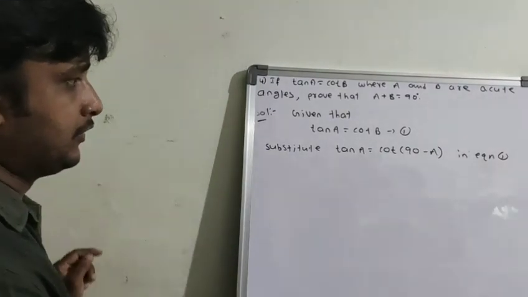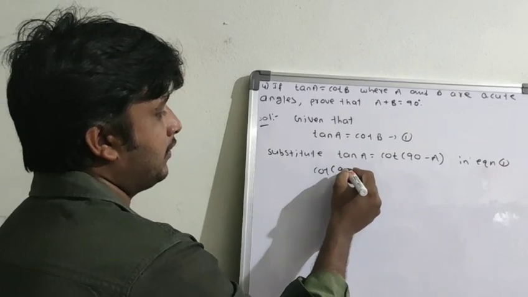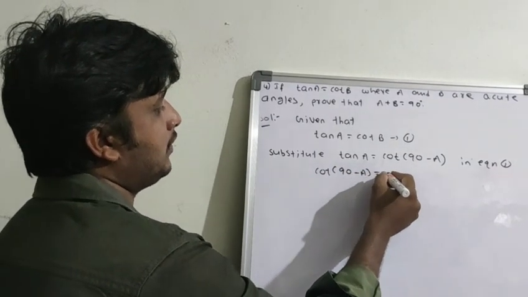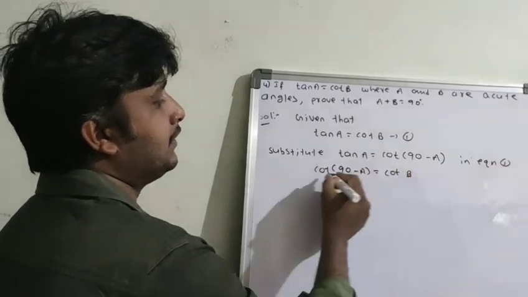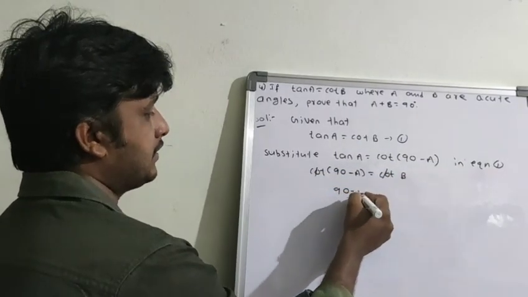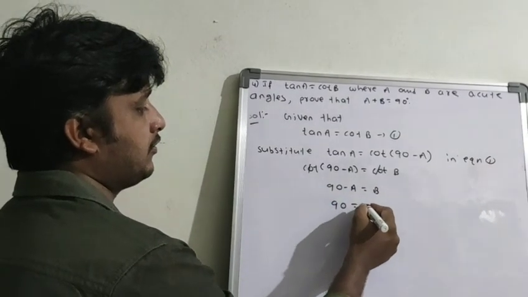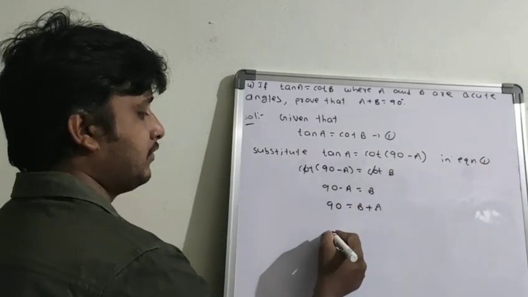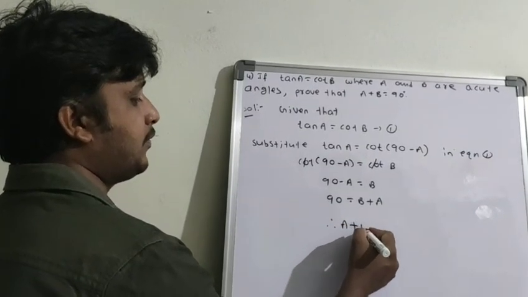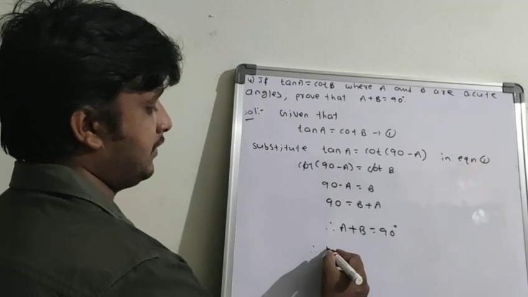So in the place of tan A I am writing cot 90 minus A, which is equal to cot B. So on both sides cot gets cancelled. 90 minus A is equal to B, and from this 90 is equal to B plus A. So you can write it as A plus B equal to 90 degrees. Hence proved.